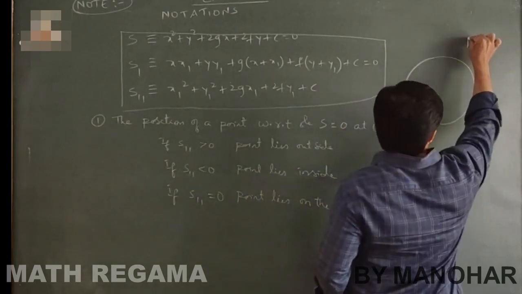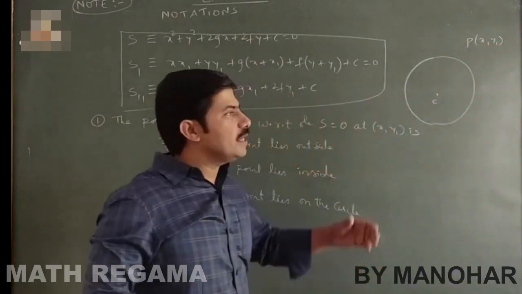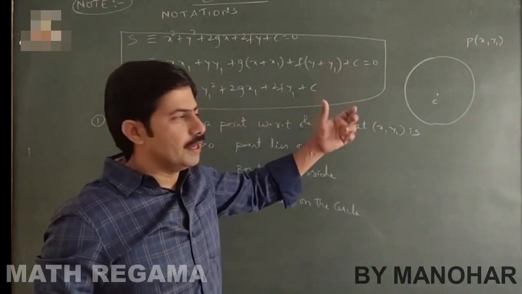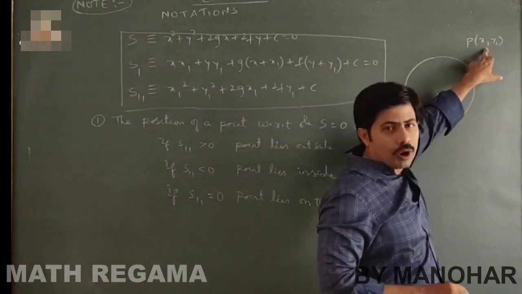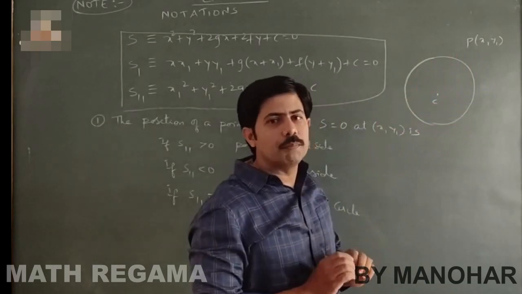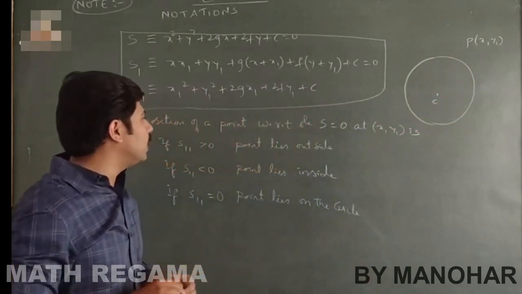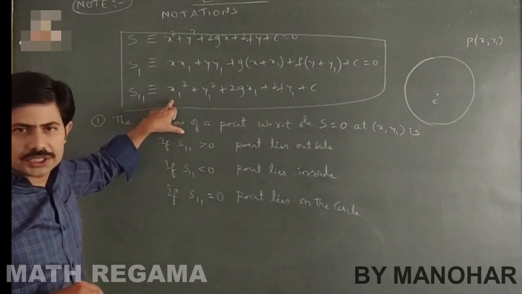Now a point P(x1, y1) is a point in the plane. Now we have to locate the position of this point with respect to the given equation of the circle. So how do we locate that point? The location of the point depends on S11. So you have to use this S11 notation.